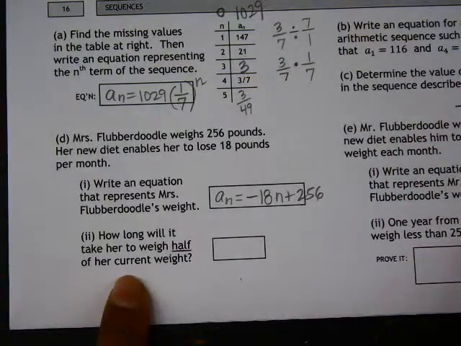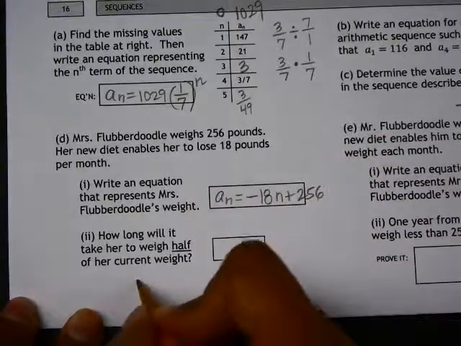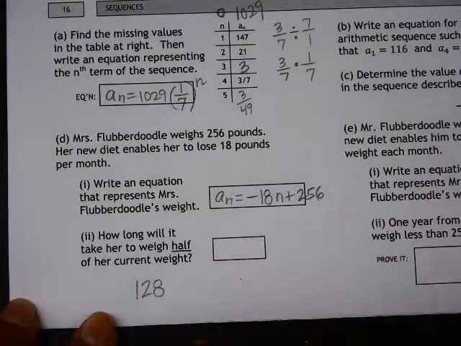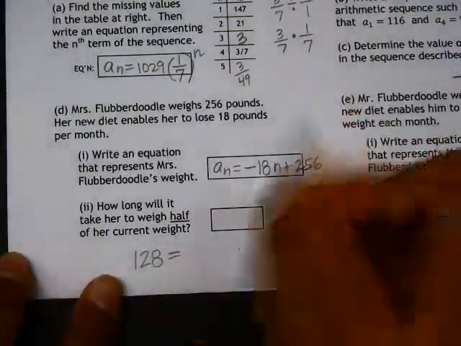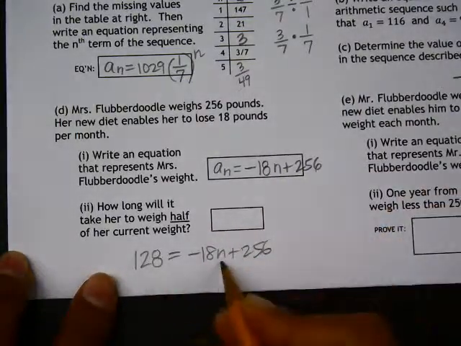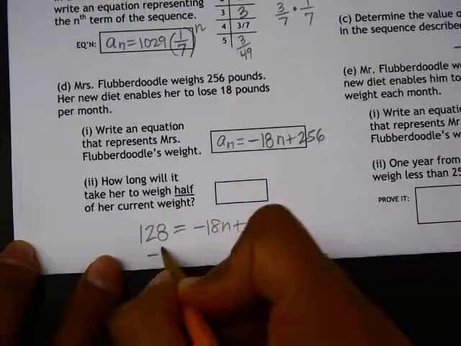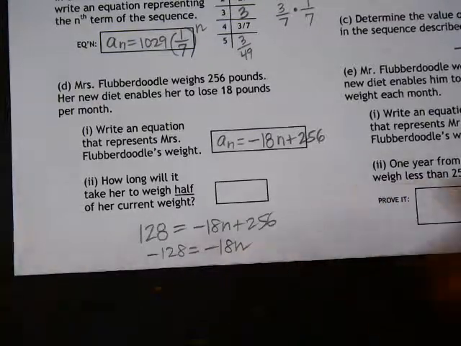How long will it take her to weigh half of her current weight? Half of 256 means she's losing enough weight to get to 128 pounds equals, and then negative 18n. N is how many months it's going to take. So we're going to solve for n. So if we subtract 256, that's negative 128 equals negative 18n.